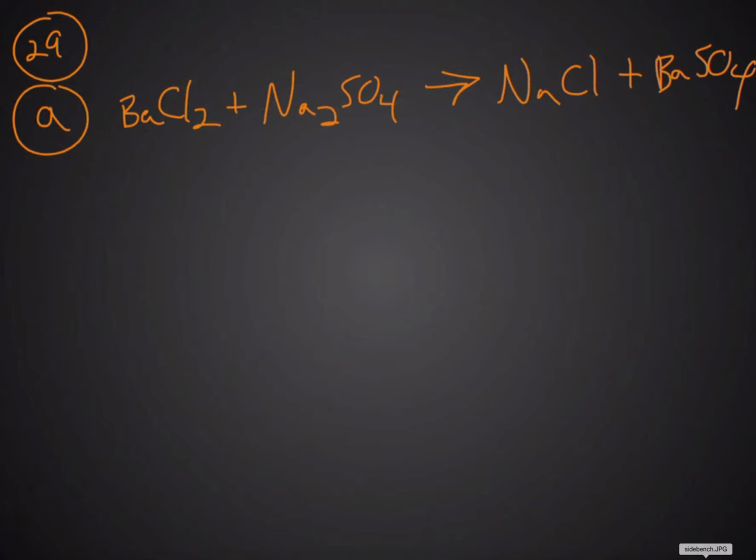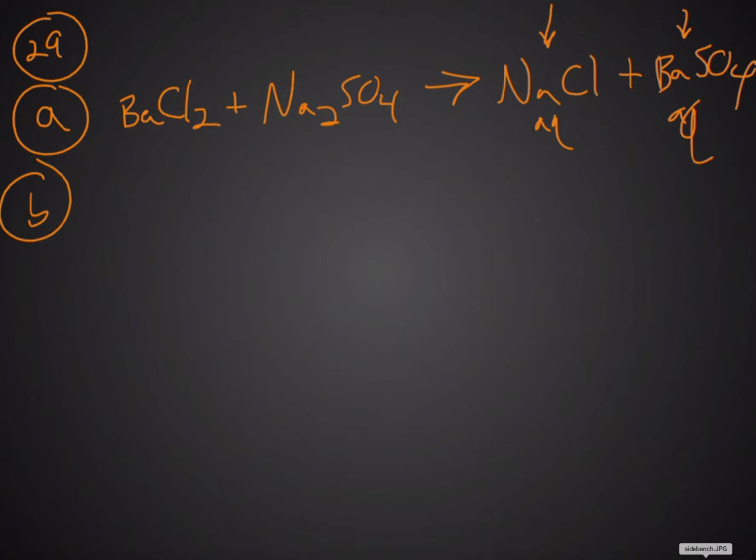So are any of those compounds insoluble? If you look up on page 152, it has a chart with the summary of the solubility rules, which is going to be very important for you to know. And we find that both of these new combinations are soluble. So there's actually no reaction here. There's no precipitate. Both of these compounds would be aqueous.